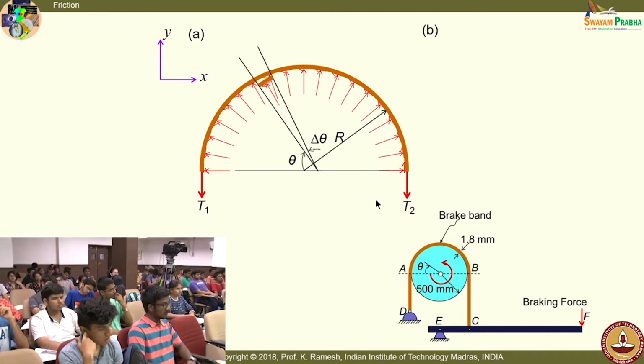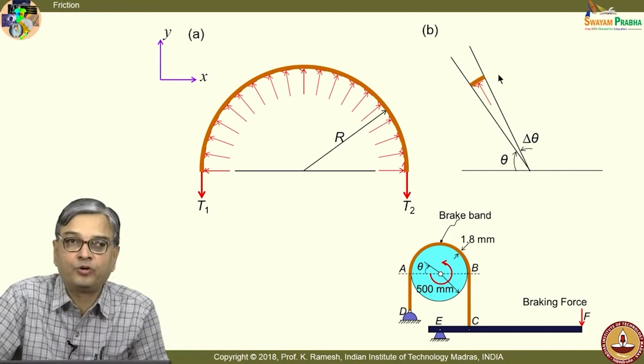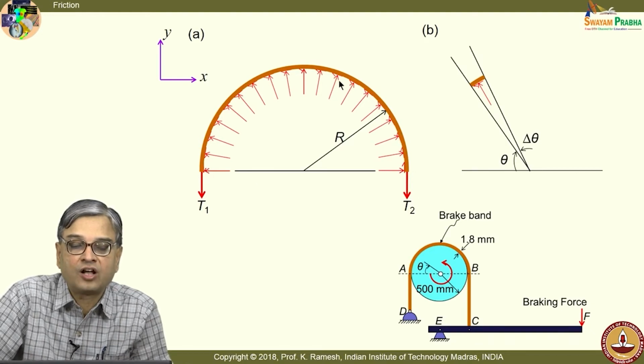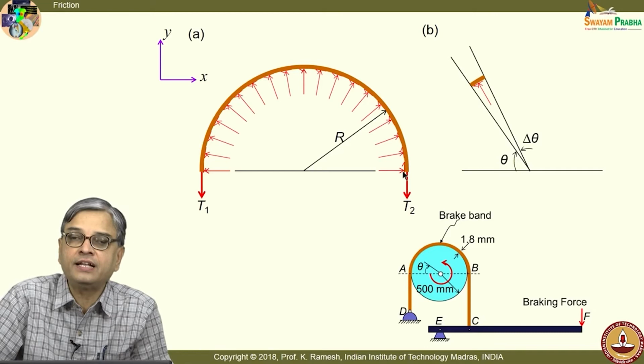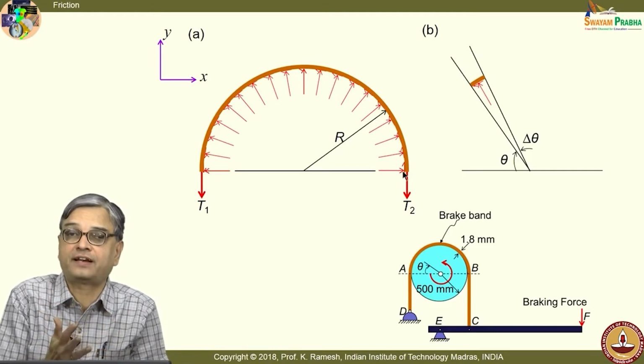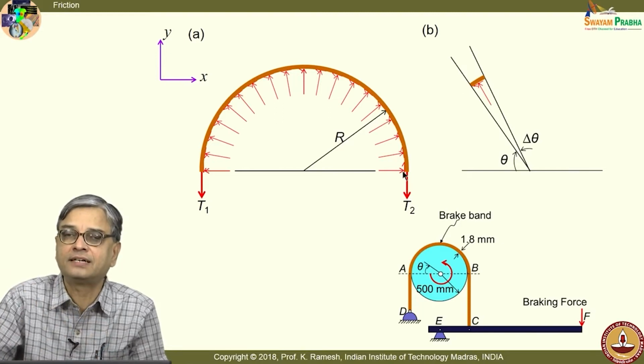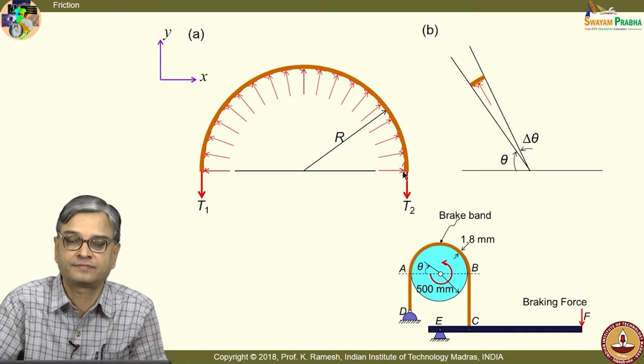I separate it out, and I put the force interaction on this, and I should recognize that the tension does not remain constant along the length of the brake band, because I have friction. The situation is different. So, if I say T at one section, I will say T plus delta T in the other section.